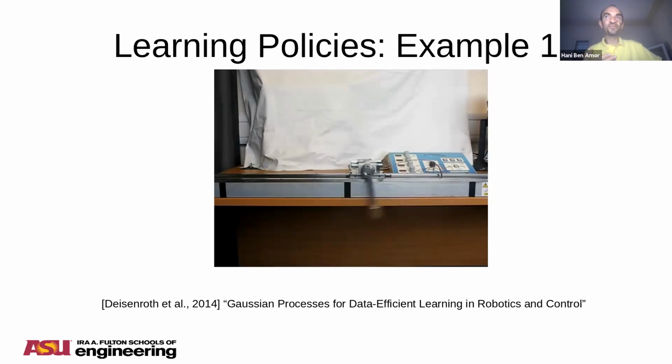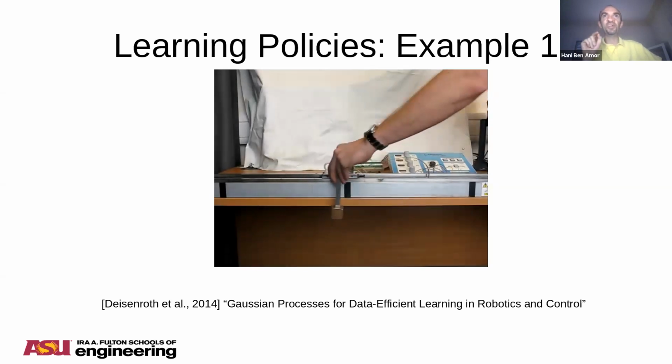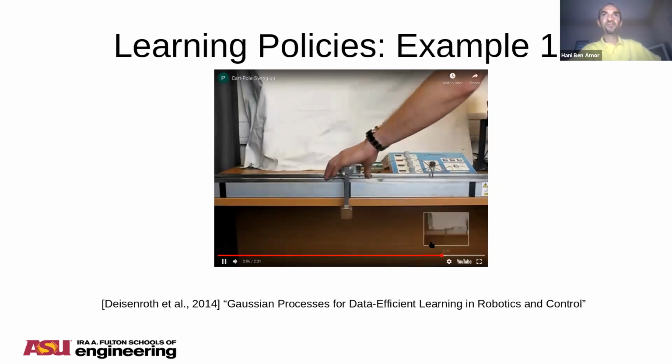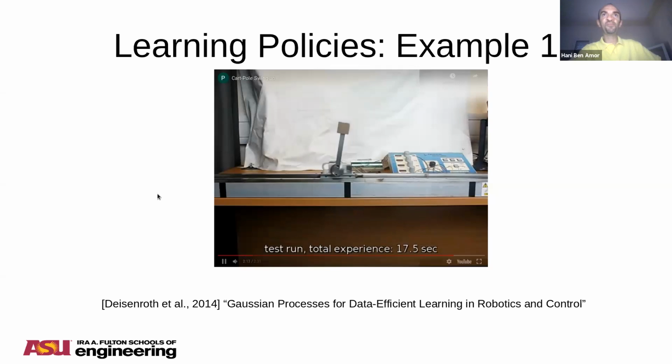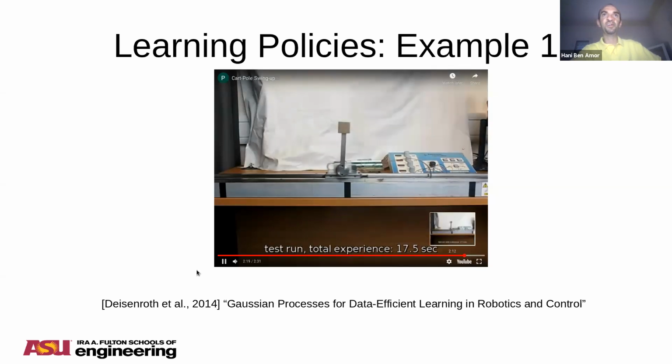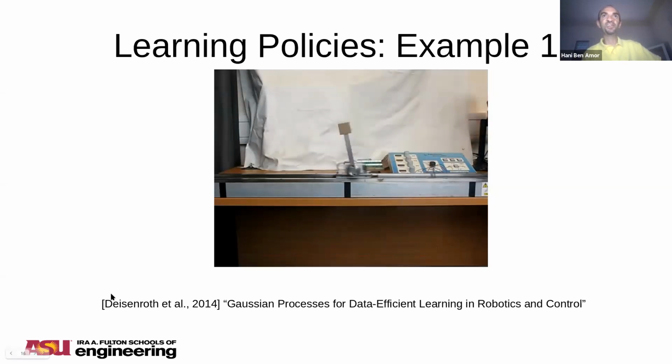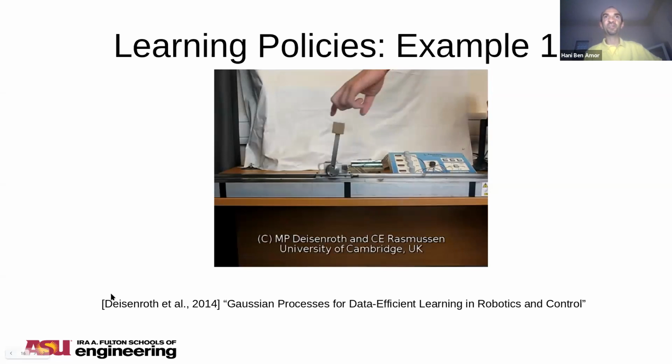But then you can continue and try to find a way to stabilize it in such a way that it's even robust against external perturbation. So even when people try to touch it, that's what we're going to see next here. We're going to see a human come in and touch it, and it still nicely stabilizes.